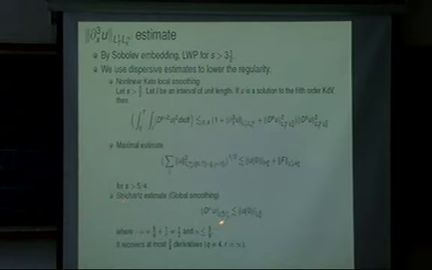The Strichartz estimate for the fifth order KdV equation comes with some derivative, but not enough derivative. So q and r should satisfy such conditions, and then we have a Strichartz estimate.